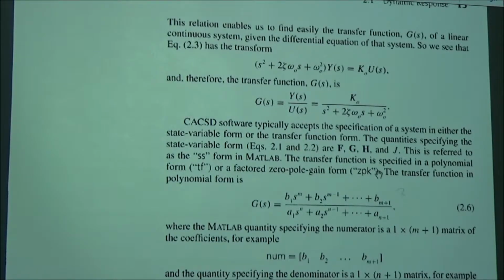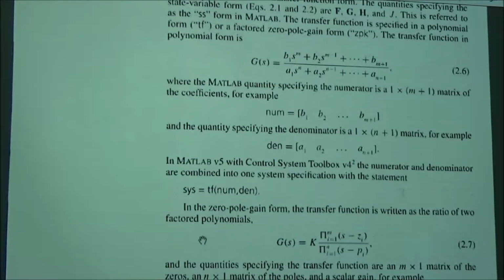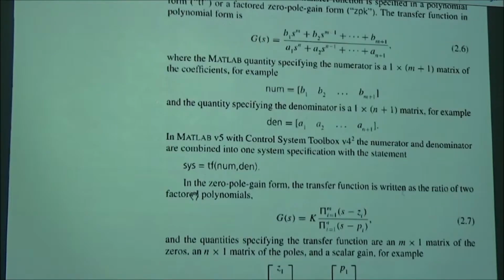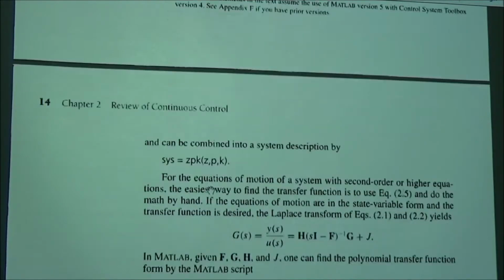So in general, you could have a transfer function looking like this. If you want to use MATLAB, you can define a numerator and a denominator, and then you can use the transfer function command in MATLAB, and it will give you a system configuration. And then you could, in fact, use zero, pole and gain, another approach.